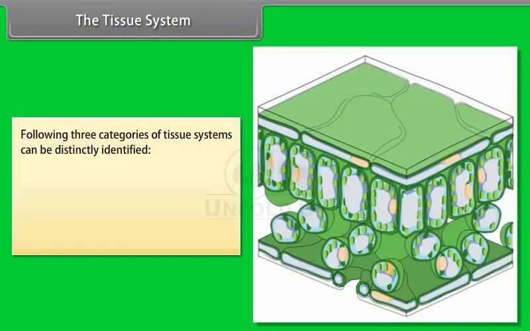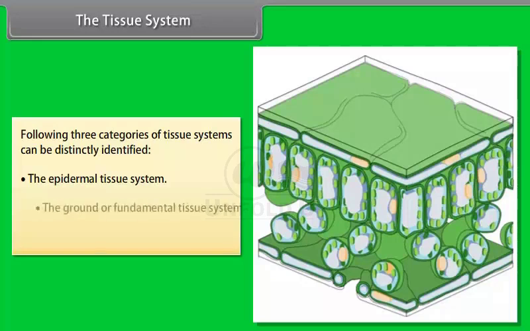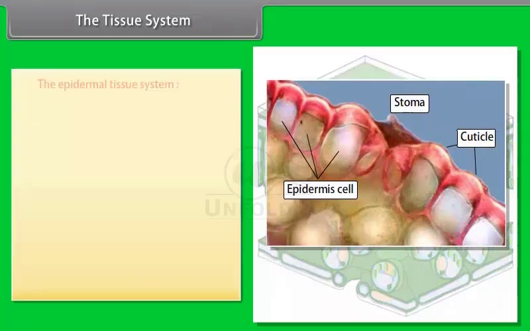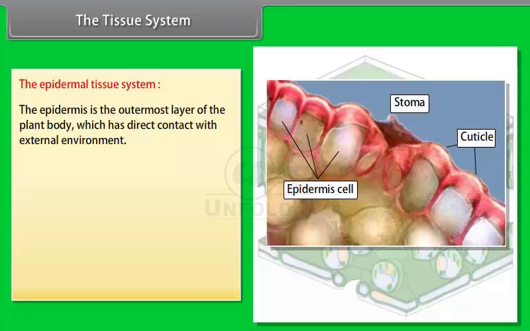The tissue system. The following three categories of tissue system can be distinctly identified: the epidermal tissue system, the ground or fundamental tissue system, the vascular conducting tissue system. The epidermal tissue system. The epidermis is the outermost layer of the plant body, which has direct contact with the external environment.